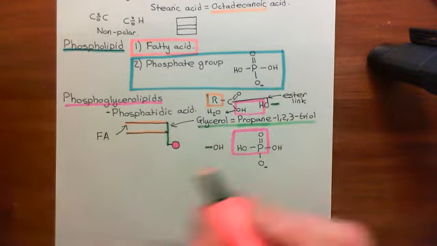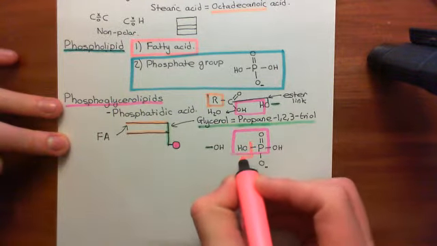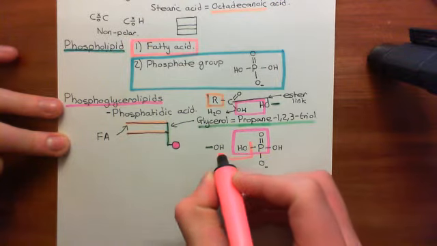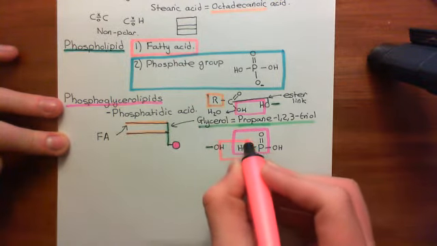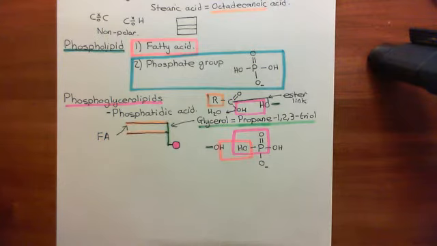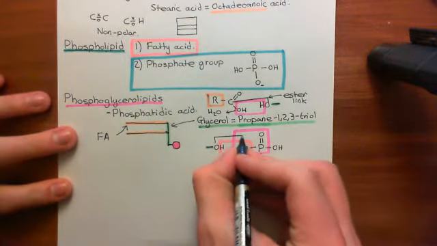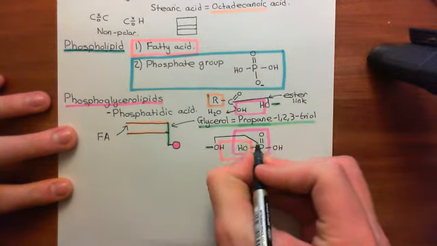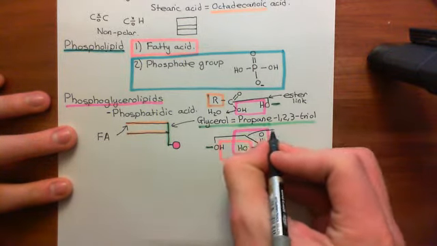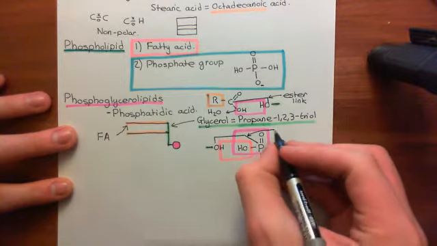What's going to happen is the alcohol group is going to come off the phosphate molecule. The hydrogen is going to come off the alcohol group of the glycerol molecule, and then we're going to attach the oxygen of the alcohol group to the phosphorus atom of the inorganic phosphate molecule here.